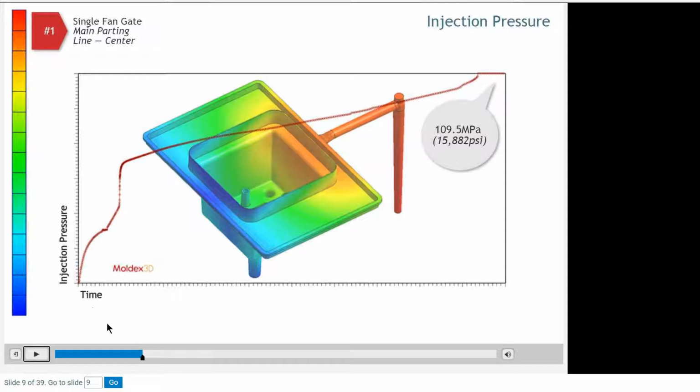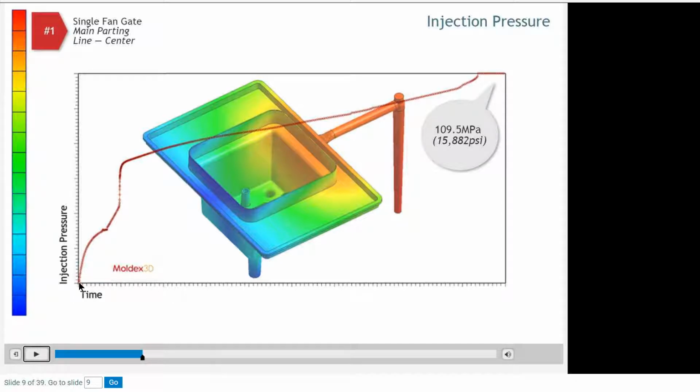So very simple again, how to read these curves. Every molding machine should be able to output these curves on a hydraulic basis. But on the bottom we have the time, on the y-axis we have the injection pressure. And I love these graphics because it really tells me what's going on inside the mold during the fill process.